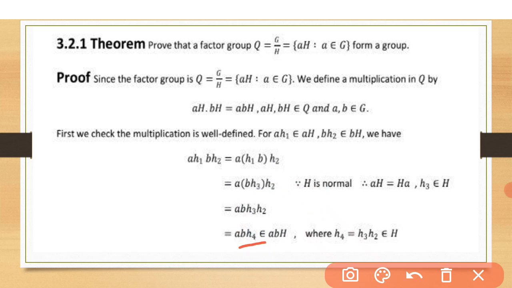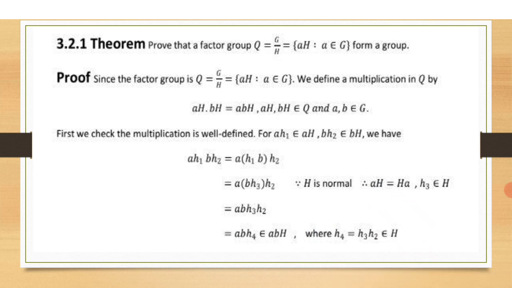So ABH4 belongs to ABH, which is the left coset of H. Here we have told that H4 is equal to H3 multiplied by H2, because H is a group, so it is closed. When we multiply its two elements, it gives us another element which also belongs to H. Hence this is proved that it is closed or well defined.